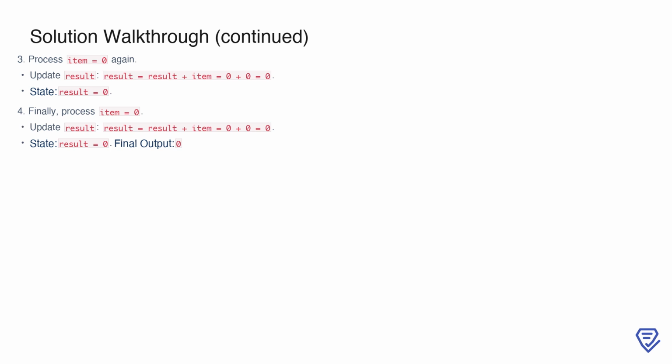Adding this to the current result, 0, again leaves the result unchanged at 0. Finally, we process the last item, which is also 0. Adding it to the current result, 0, results in a final result of 0. For this example, the output is 0. This demonstrates how the solution handles cases with all zeros, correctly maintaining the sum as 0 throughout.